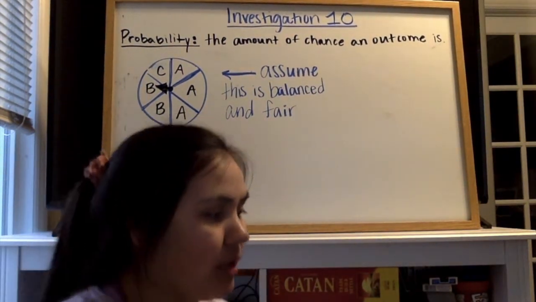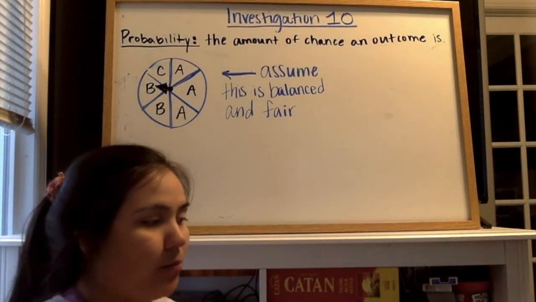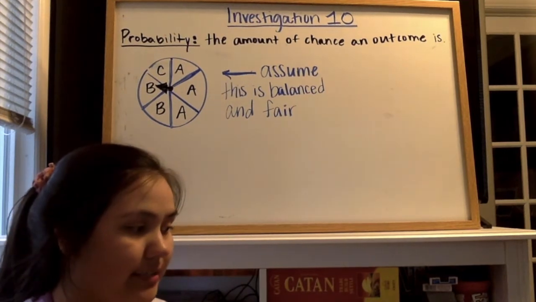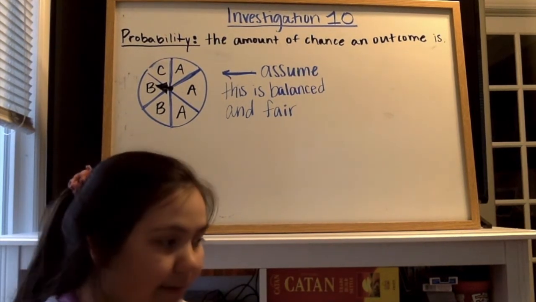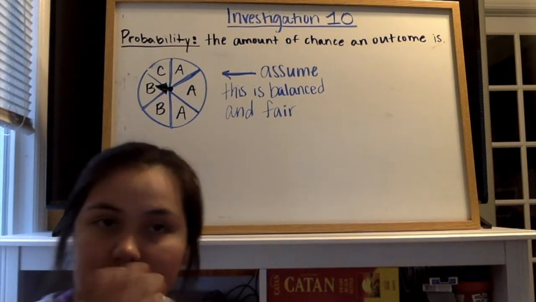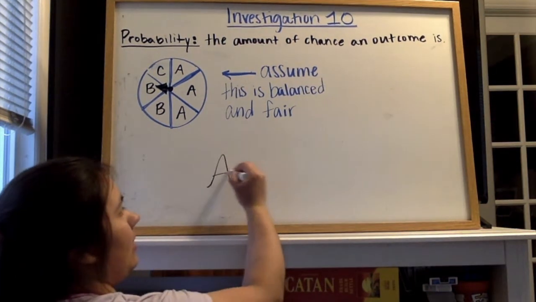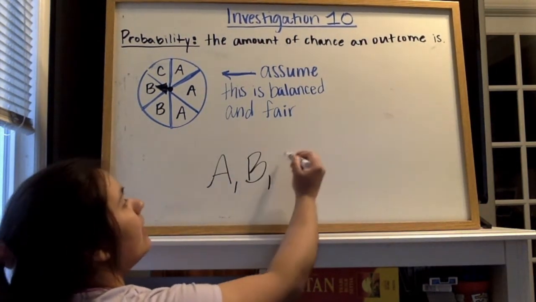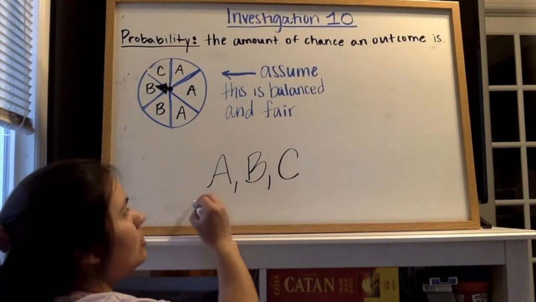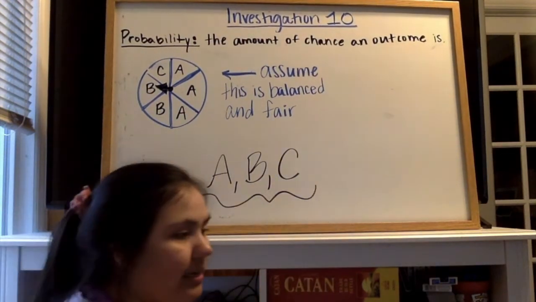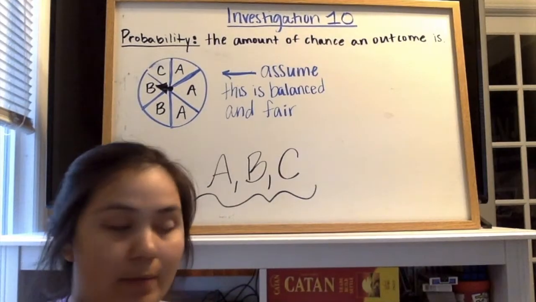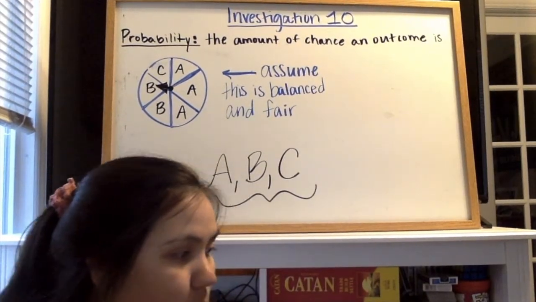Number 9. What is the probability that the outcome will be one of the first 3 letters of the alphabet? Why? What are the first 3 letters of the alphabet? A, B, and C. Okay? So they're asking on number 9, what's the chance, or that probability, that it will land on one of those?